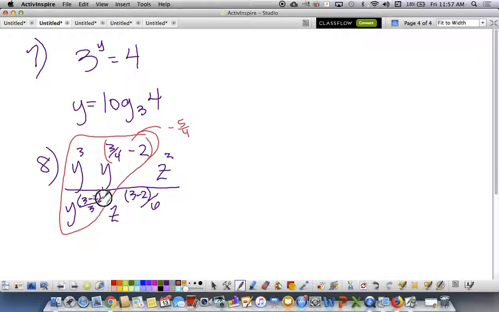It should simply be 1/3, right? So when we're multiplying, what do we do with our exponents? We add them. When we're multiplying the same base, we add our exponents. So we have 3 plus -5/4.